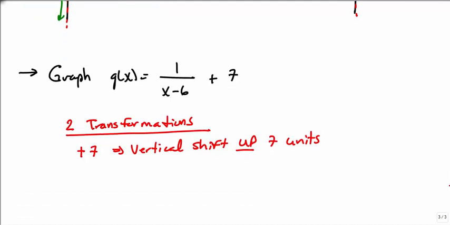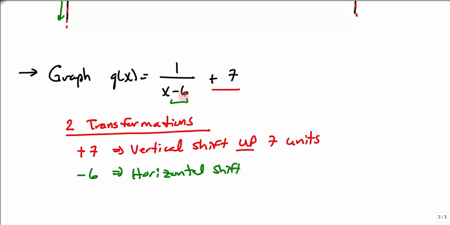Okay, now it's on the outside of the argument, so that's how I know it's vertical. So this is our vertical shift up. Now what about the minus 6? This is when it's within the argument of the function. So the minus 6 is going to be my other transformation. It's going to do the opposite of what you think, and it's going to be a horizontal shift.